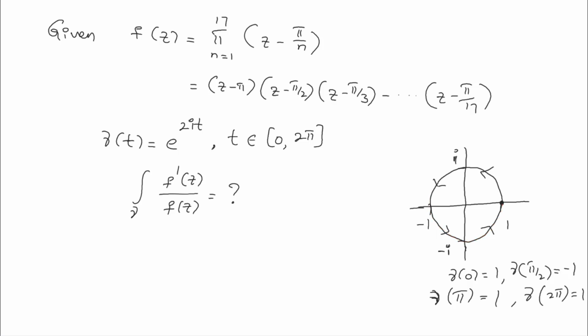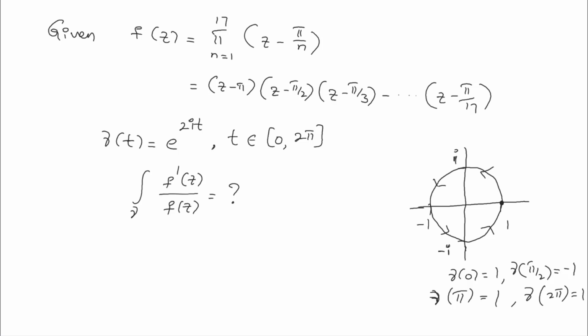When you move t from pi to 2 pi, the curve gamma travels on this circle once more. That means in total, when you move t from 0 to 2 pi, the curve gamma of t travels along this circle twice, a circle of radius 1.